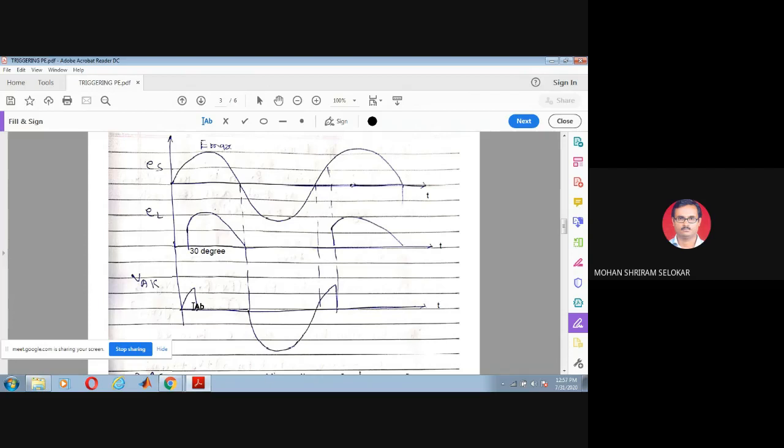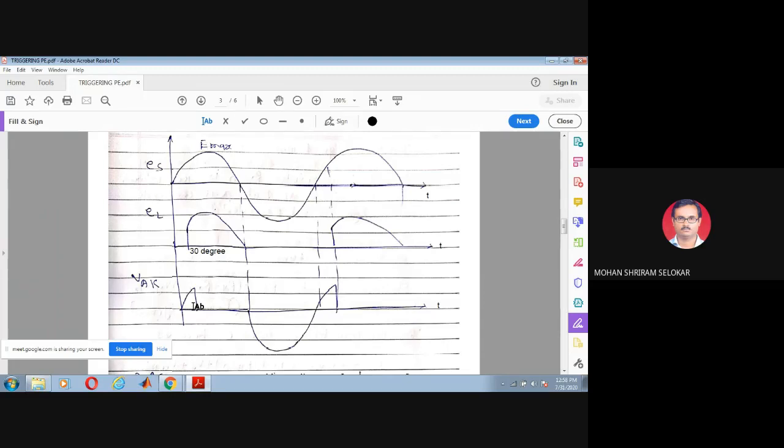Are you agree with this? Again I am repeating: when SCR is off, load voltage will be zero, but as soon as it's turned on, EL equals ES.